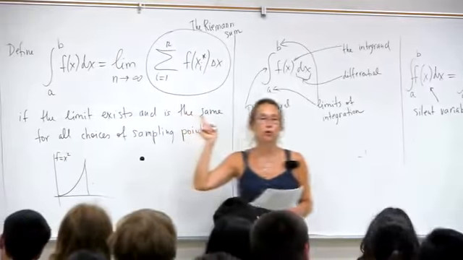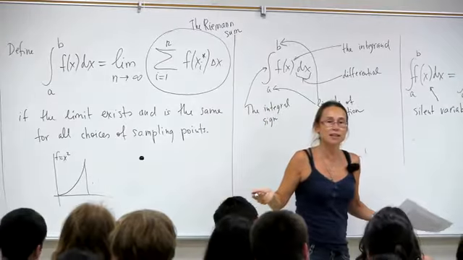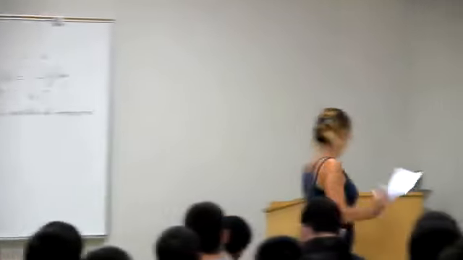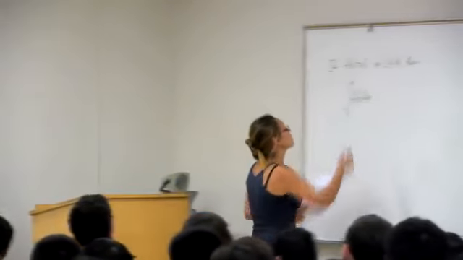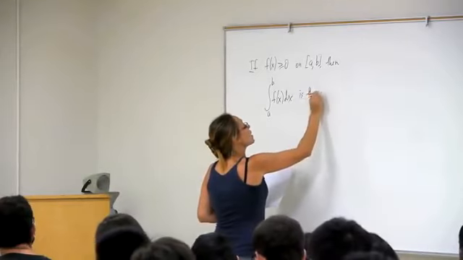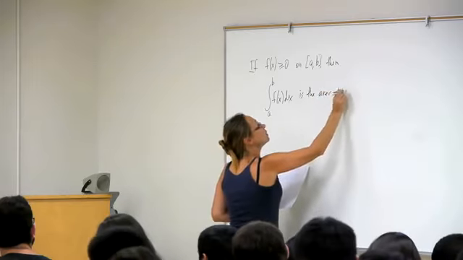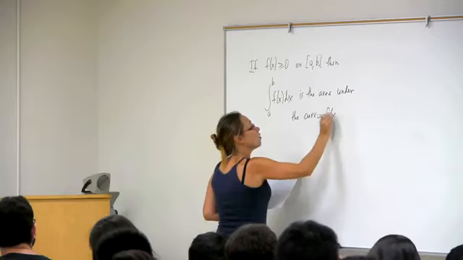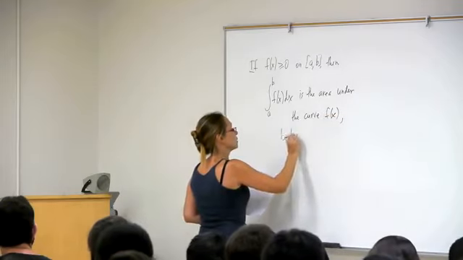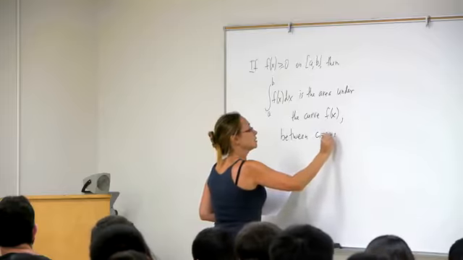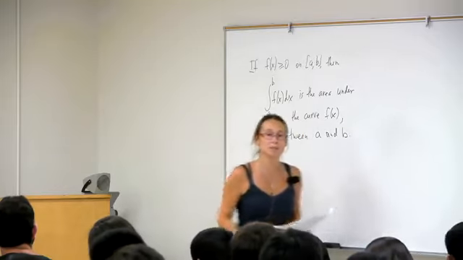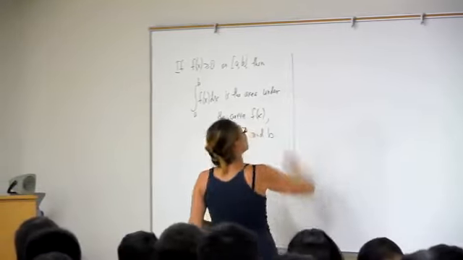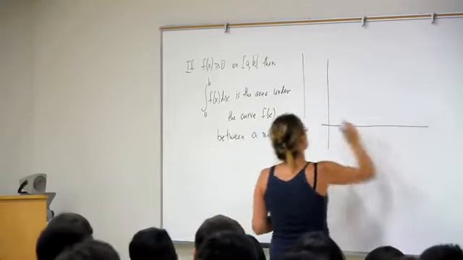We only did it for non-negative functions, and we said that's the area. Remember, we split it into a number of vertical rectangles and calculated the area. So this is the area under the curve f of x between a and b. It has a very clear meaning for non-negative f. Okay, now what happens if f changes sign?